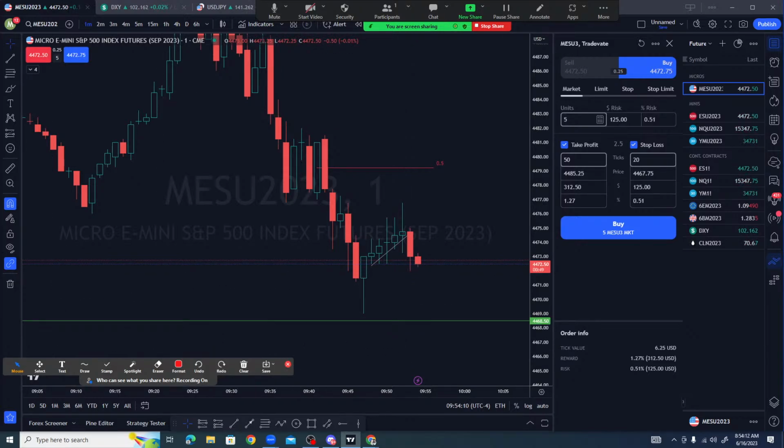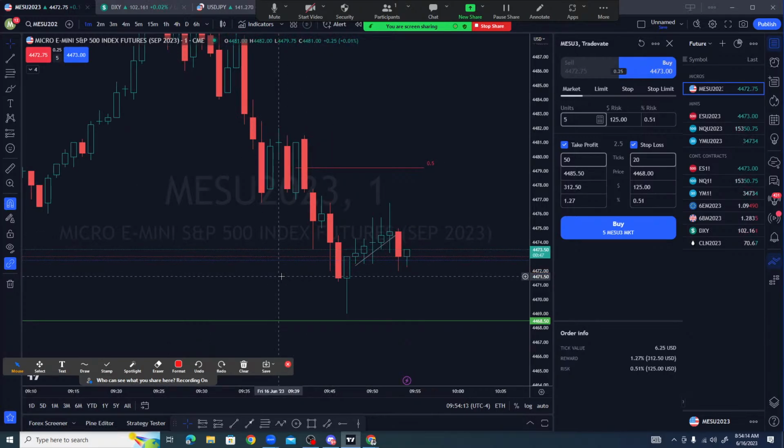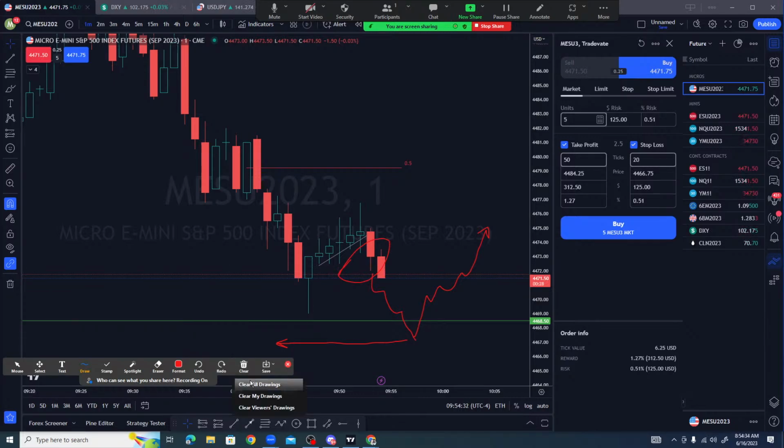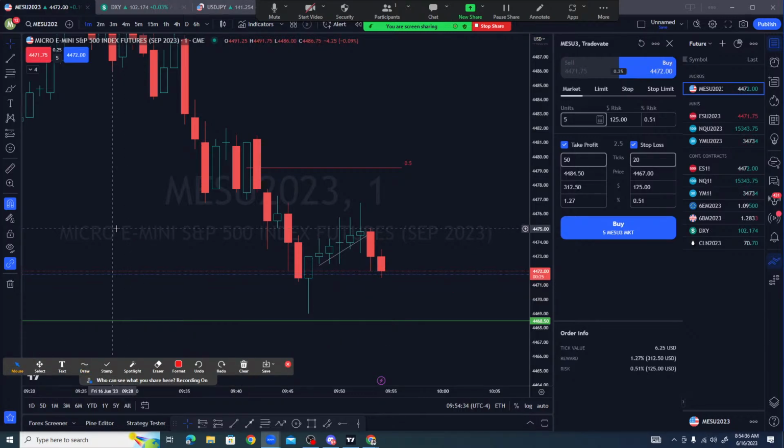Might hang out just a little bit longer, because this could easily come back down, grab a little bit more of that liquidity, get below some of the lows to the left there, and then make its way back up. And then this would just be a stop for me. So I'm not going to do that. Let's wait for news. I'm going to step away to make sure that I stay away from it until the news comes out.